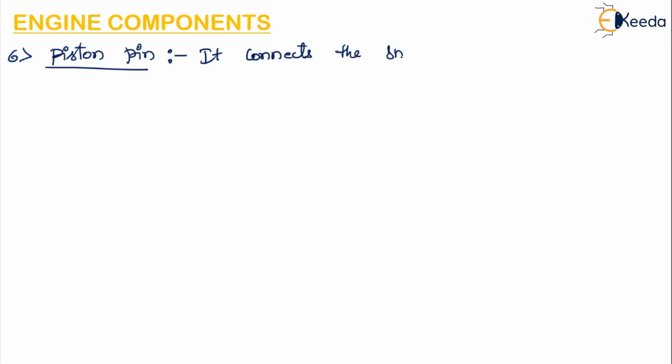The next component is the piston pin. As discussed, this pin that is forming a pin joint between the piston and the connecting rod is called the piston pin. So this piston pin connects the small end of the connecting rod to the piston.